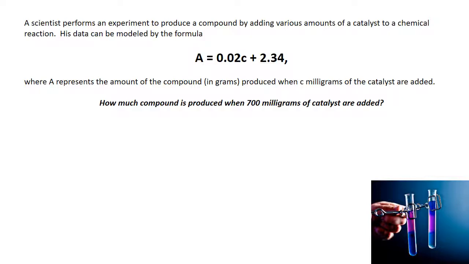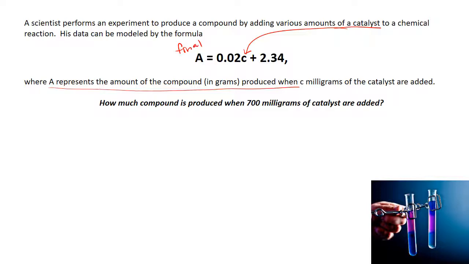Now in this formula, I have a scientific experiment going on, and this is the formula that would model that particular experiment. Apparently there's going to be a catalyst that's added for a chemical reaction to occur. So the amount of the catalyst is going to be the C, and this A, it says, represents the final amount that is produced in this experiment.